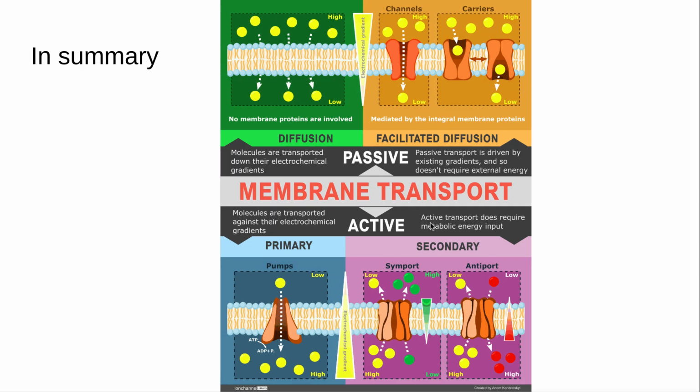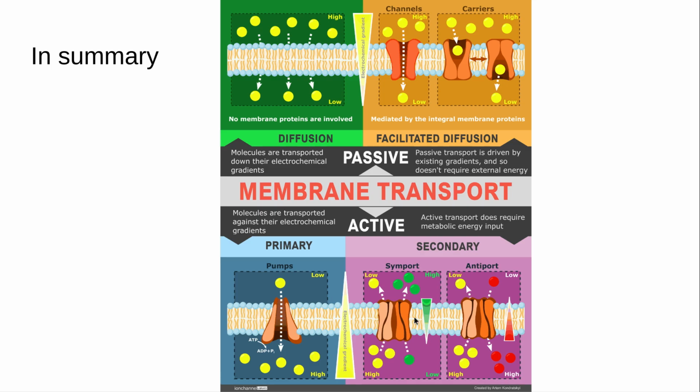Simple diffusion and facilitated diffusion are all part of passive transport. Active transport requires energy, and that is carried out through pumps. When the direct hydrolysis of ATP to ADP powers the pumps, then it's called primary active transport.